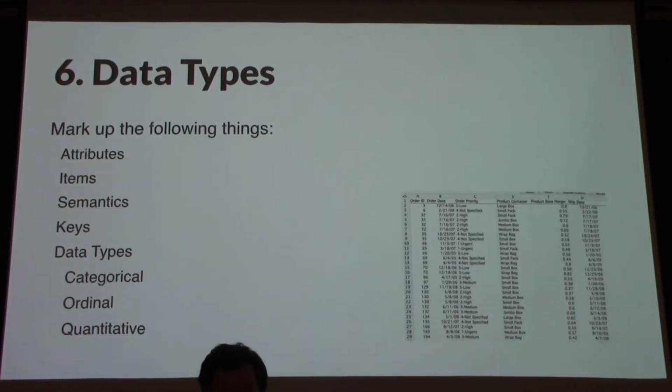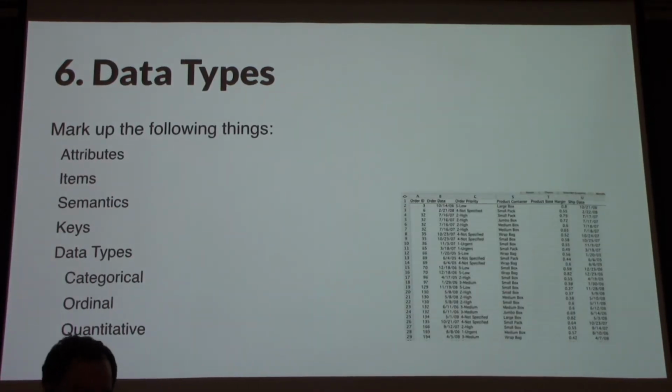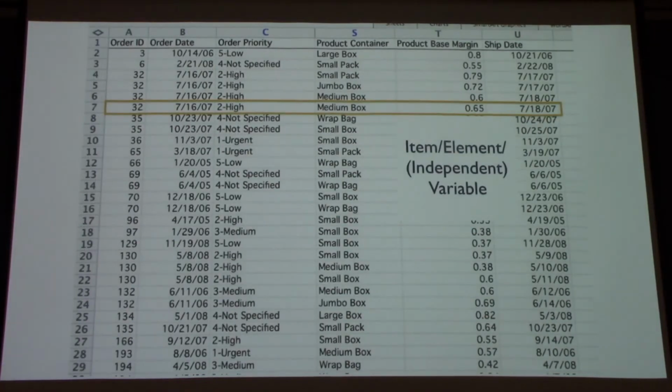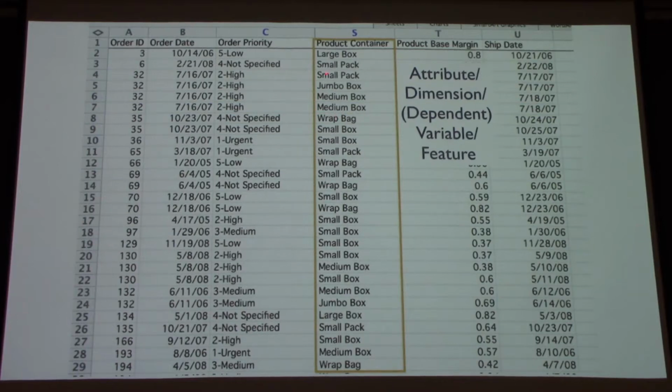The data types, like in this example, mark up the following things: attributes, items, semantics, keys, data types. So let's go through that again. We have the items, which are essentially the values in the rows, and they're also called elements or independent variables. Then we have the attributes or dimensions or dependent variables or features, but for our purposes we only talked about attributes.